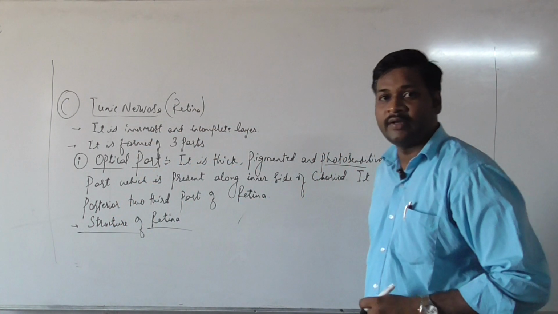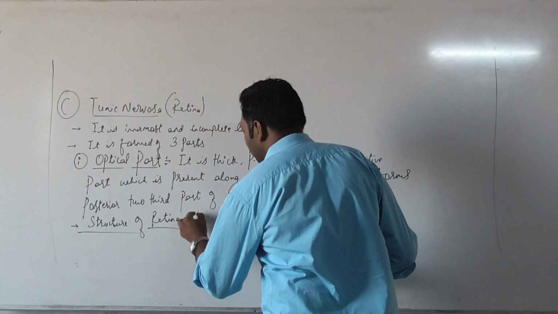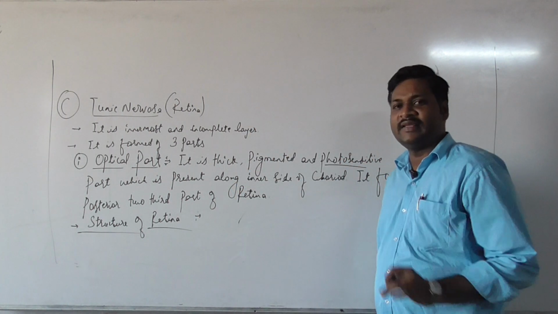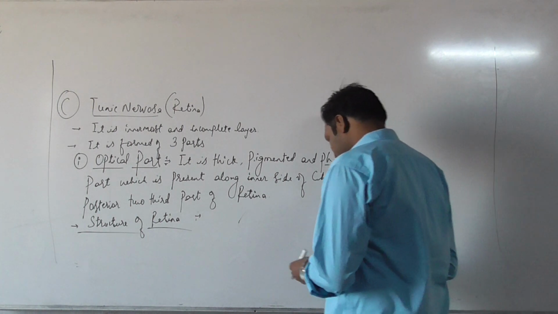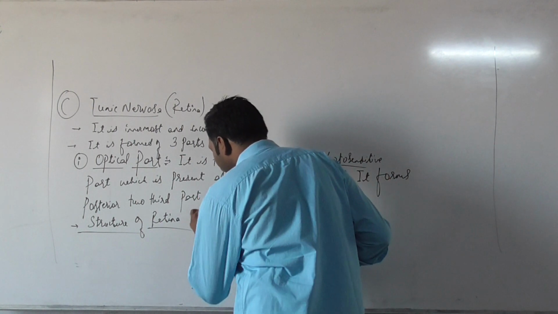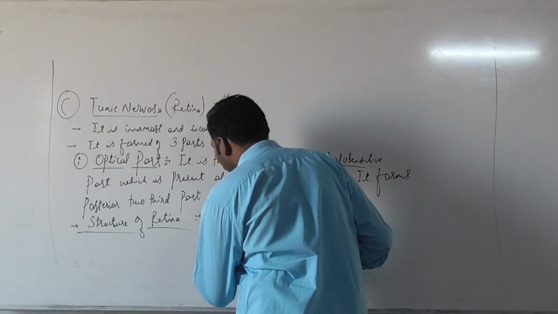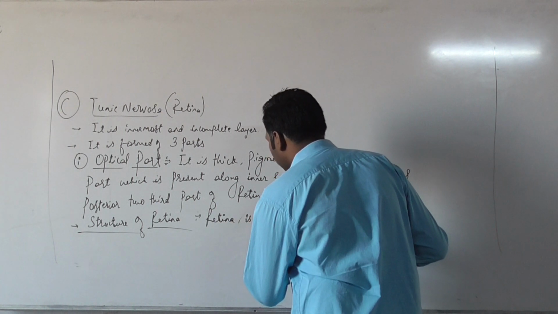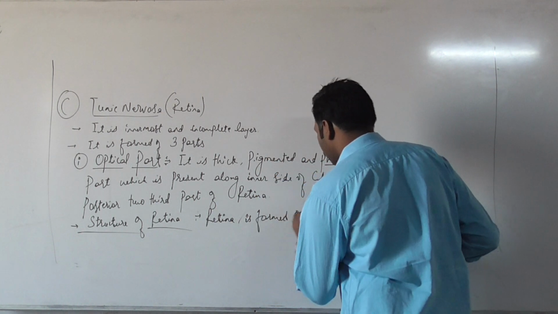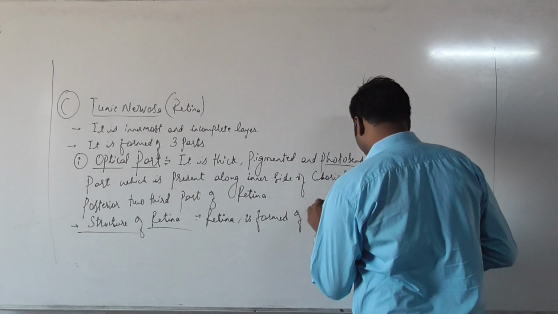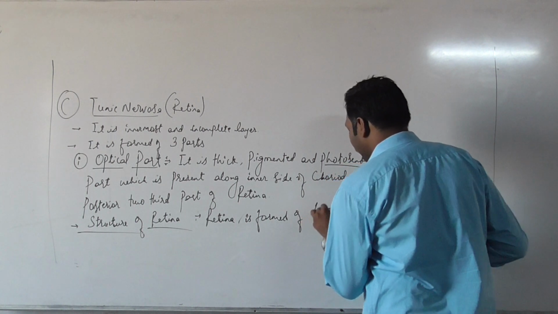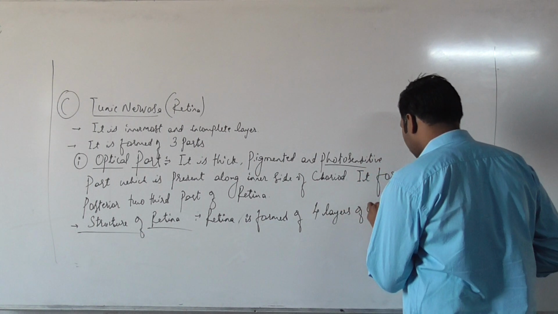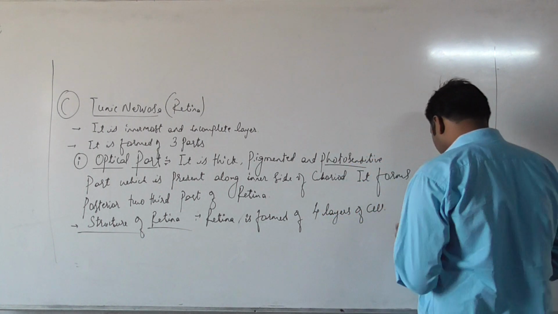Structure of retina. As you can see here on the board, we have discussed the complete diagram of the eye, what the structure is made up of. Now here, the retina is formed of 4 layers of cells.